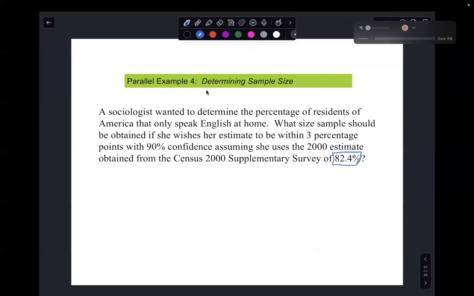All right. My formula: n equals p hat times 1 minus p hat times z sub alpha over 2, over the margin of error squared. I sure hope that's the formula. This is my p hat. So n equals, my p hat is 0.824 times 1 minus 0.824.